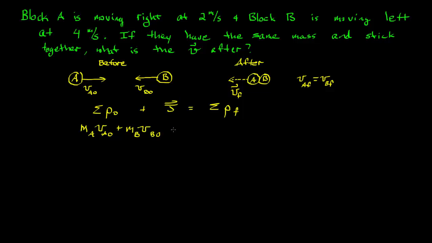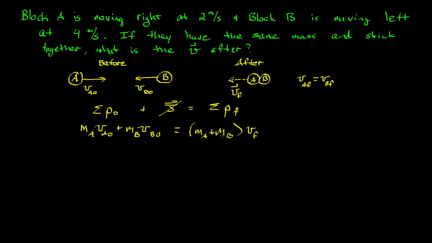There's no impulse, so I'm not going to write it, we can just cross that out. That's equal to my final. You can write it two ways. I could do the individual momentums, but I'm just going to do the momentum of both. So it'd be the mass of A plus the mass of B. And this comes up quite a bit. If we have objects that stick together, we just put their masses together, times VF.